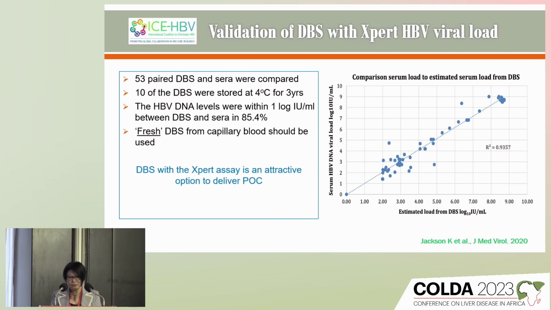Of note, 10 of those dried blood spot specimens were stored at 4 degrees for 3 years. So with that in mind, the HBV DNA levels were still within 1 log between dried blood spot and sera in 85.4%. Obviously, fresh dried blood spot from capillary blood should be used to optimize the result.